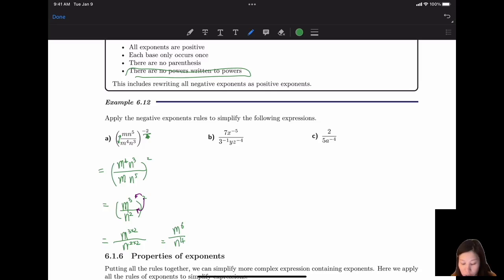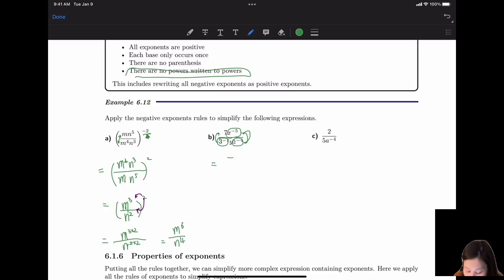So similar to here, now let's take a look. M to the negative 5, we have a negative. That means we need to flip them upside down so that we can get a positive exponent. Similar to here, 3 to the negative 1, we put it on top. And z to the negative 4, we put it on top so that we can get the positive.